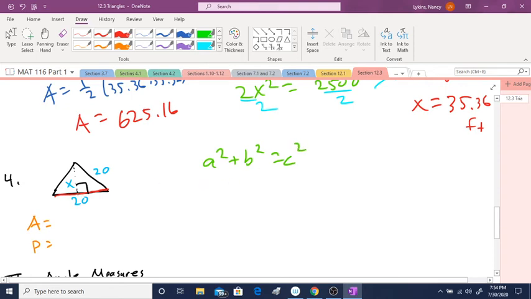Okay, now this time think about this for a second. Maybe we use x for a. Now, since it's splitting it, we're going to say that this right here turns into 10. It's going to be 10 squared equals 20 squared.